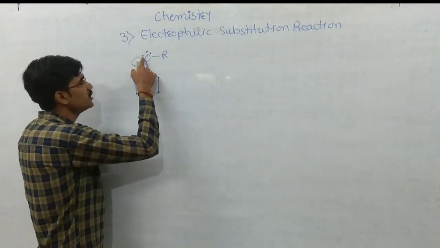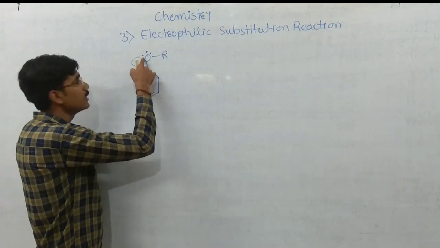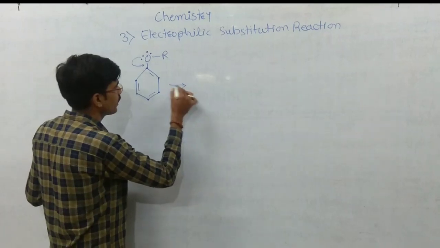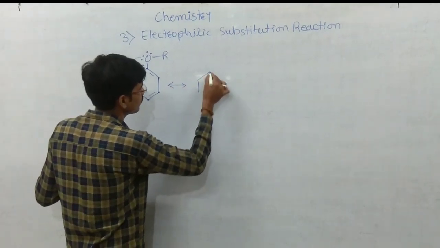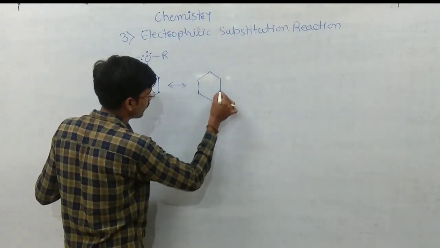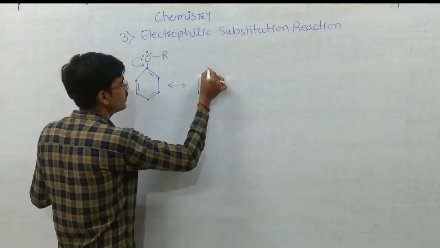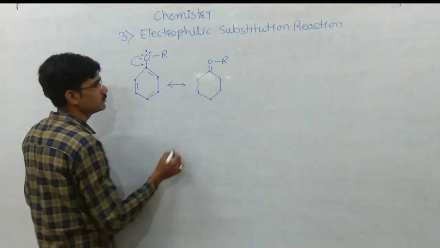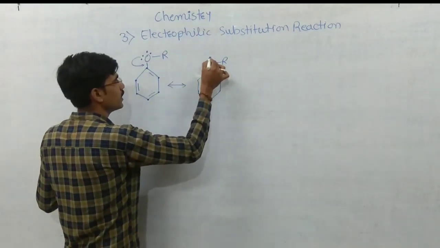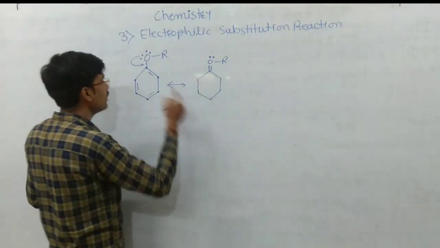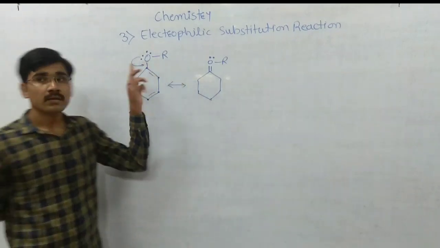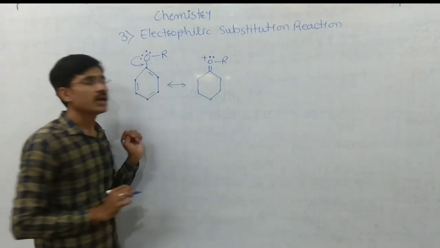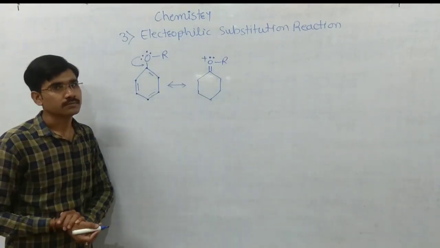And if this lone pair from oxygen is transferred to carbon, we are getting a double bond between oxygen and carbon atom, one lone pair on the oxygen atom and a positive charge on the oxygen atom.